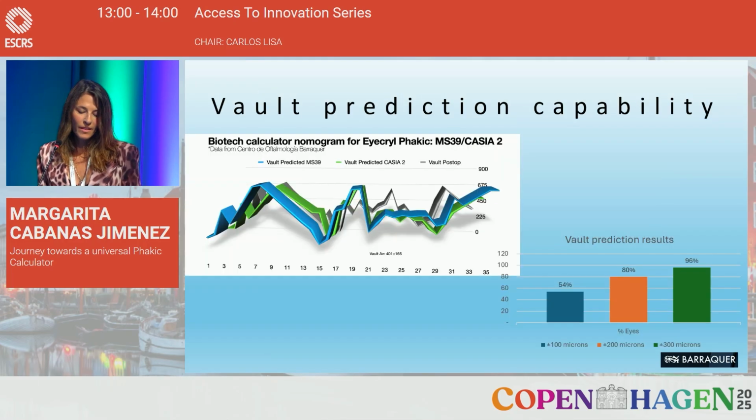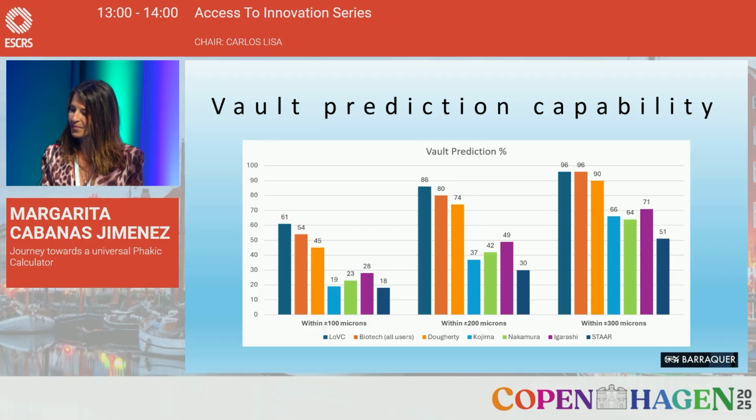Based only, in this case, on 36 eyes, we can see more than 95% of the eyes are within 300 microns of predicted vault, 80% within 200, and more than 50% within 100.